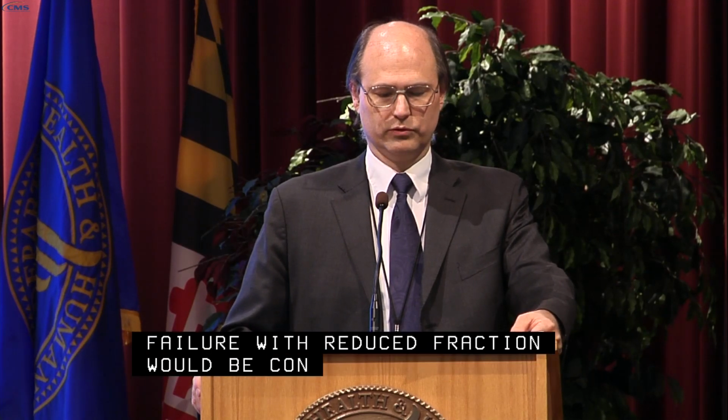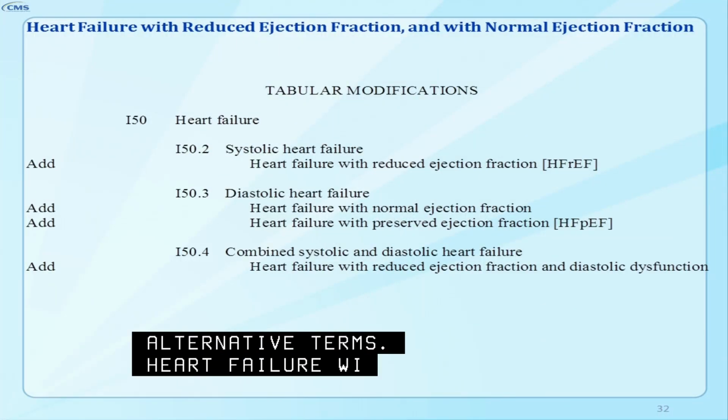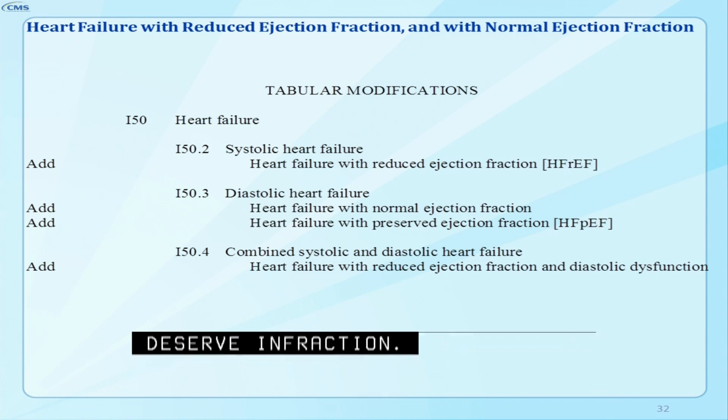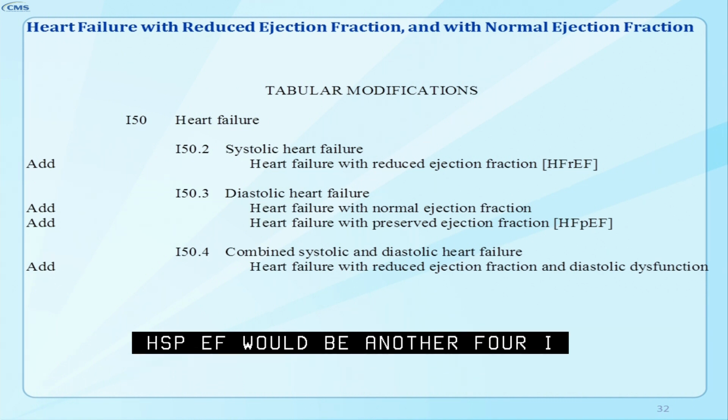And at I50.3, diastolic heart failure, we would also propose to add two other alternative terms, heart failure with normal ejection fraction and heart failure with preserved ejection fraction. HFpEF would be another way. For back at the I50.2, the systolic, heart failure with reduced ejection fraction can also be labeled as HFrEF.